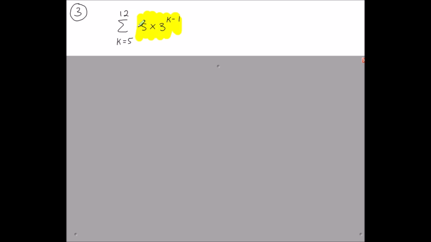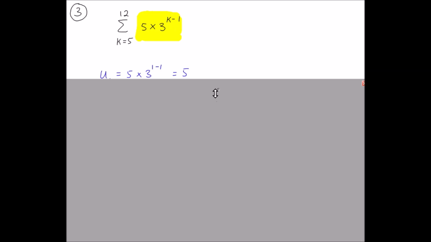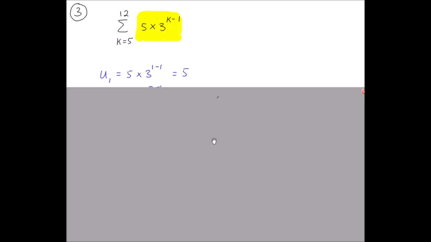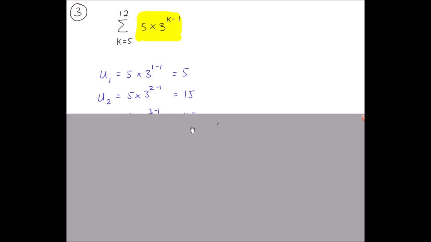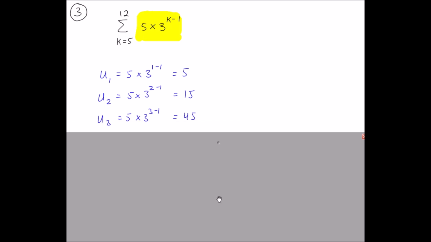But this is the formula, just this bit highlighted, that generates each individual term in the series. So k equals 1 will give the first term. If we put in k equals 2, second term, k equals 3, and we can see this is a geometric series. The first term is 5, and we're multiplying by 3 each time. The common ratio r is 3.